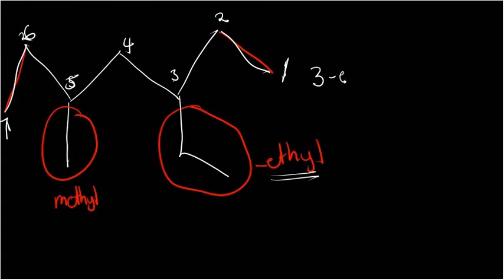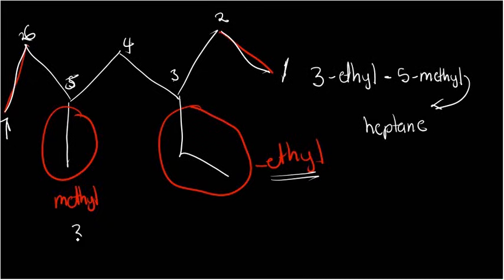So we say 3 ethyl. On carbon number what, where is having methyl? Carbon 5. So we say 5 methyl. What is the name of everything? It's having 7 carbons, so that is what we call heptane.